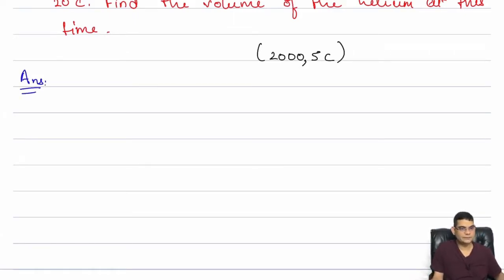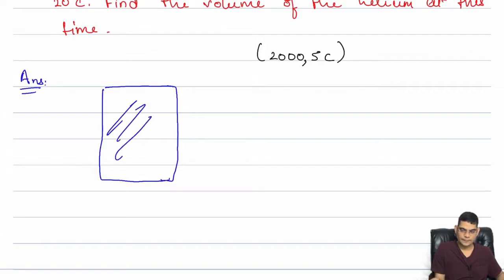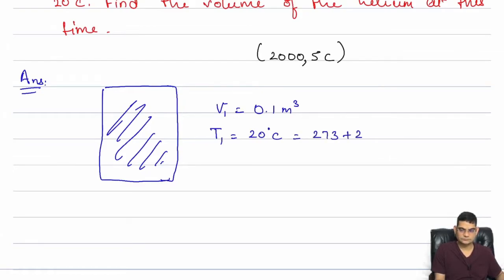Now initially helium in the tank has volume V1 is equal to 0.1 meter cube at a temperature of T1 is equal to 20 degree centigrade, which can be written as 273 plus 20 is equal to 293 Kelvin, and at a pressure P1 is equal to 10 atmosphere.